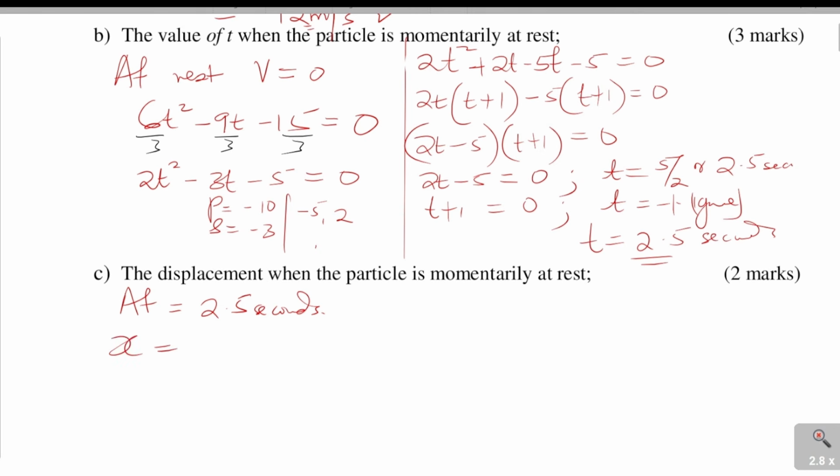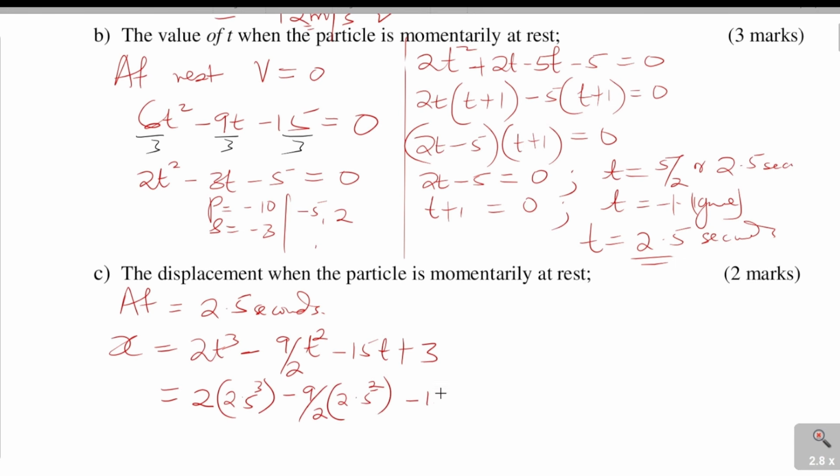We have it up there, which is 2t cubed minus 9 over 2 t squared minus 15t plus 3. So we simply need to substitute t with 2.5 seconds to get the displacement. So you have 2 times 2.5 cubed, subtract 9 over 2 times 2.5 squared, minus 15 times 2.5, plus 3. So that is what you're supposed to do.